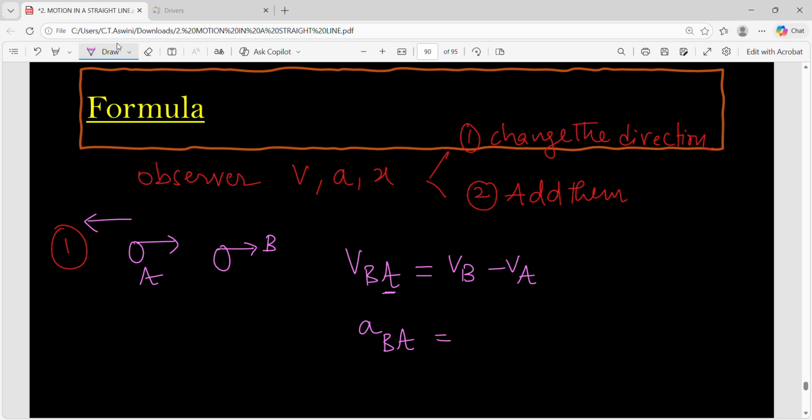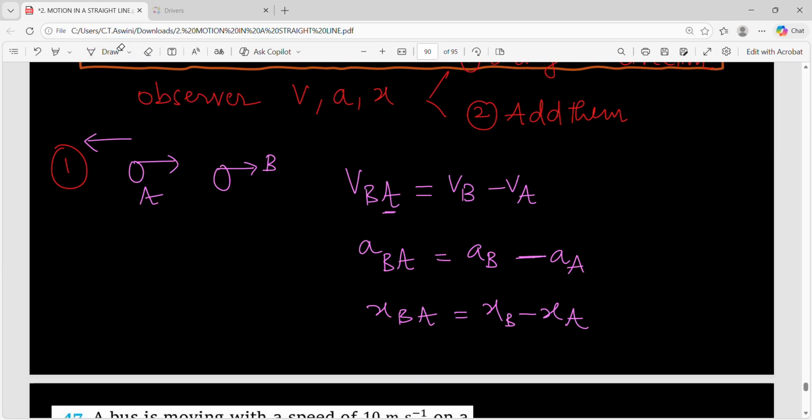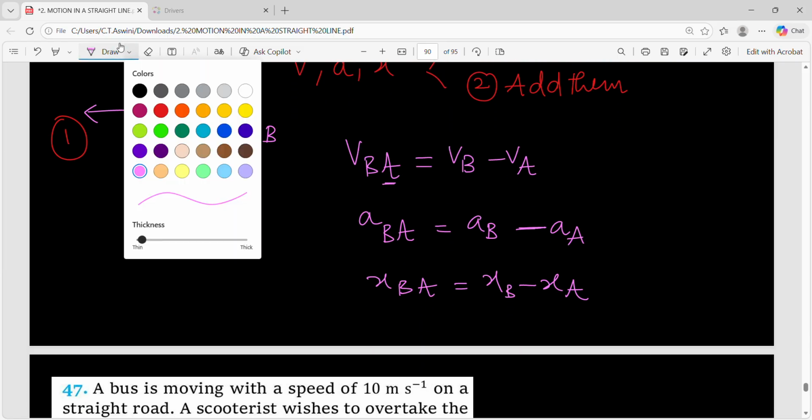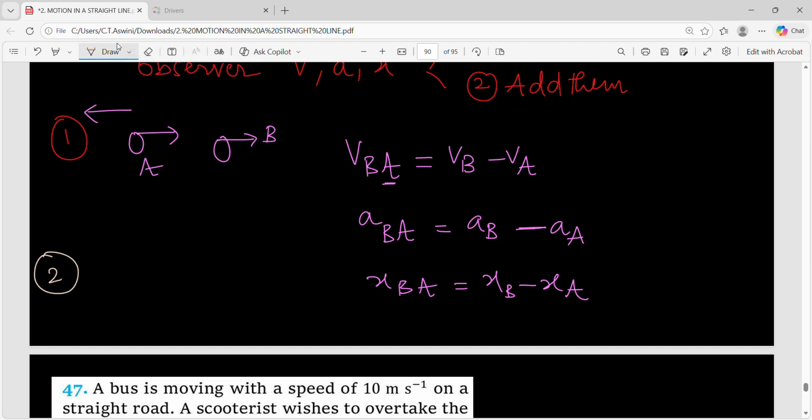So after addition also you'll get VB minus VA. Similarly, if I ask you the acceleration of B with respect to A, same thing. Acceleration of B, acceleration of A after reversing it is minus A. So plus of minus A is minus A again. Similarly, displacement of B with respect to A is XB minus XA. Understand the concept. Later you can remember the technique. So what will you do?